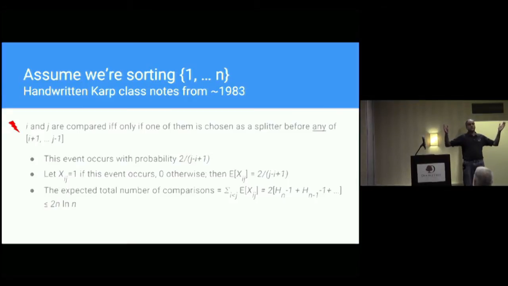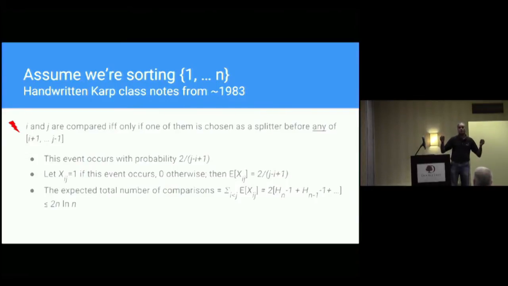Anything outside the range between i and j is immaterial to this event. So the event i gets compared to j only depends on the choice of splitters between i and j. Now, if anything between i and j is selected as a splitter, i and j shall never be compared after that. They're permanently parted.